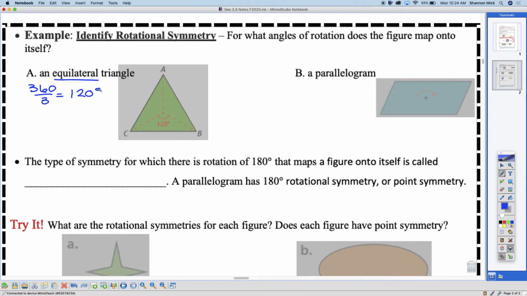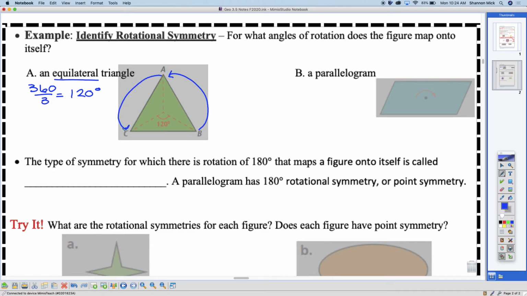So if I rotate B to A, I would get 120. Now, guys, would this work if this wasn't an equilateral triangle? No. You have to think about what triangles you have. Can I do this again? Can I do another 120?